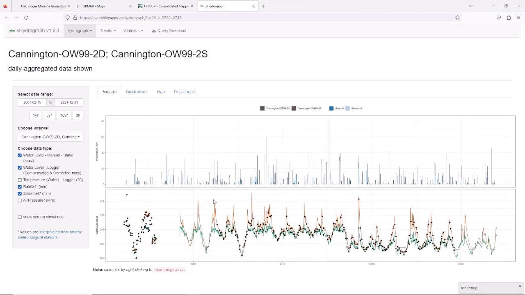So just looking at some of these data, we can see on the bottom we're looking at water levels in green for the deep monitoring location, and in orange for the shallow. The shallow is spikier and the water levels are higher. We can also see point data, which represents the manual static water level measurements, and we can see transducer data shown as the lines. You can see there's quite a bit of manual data early on in time.